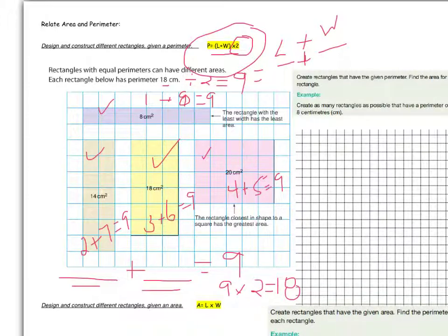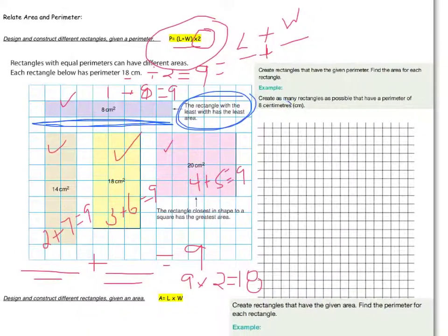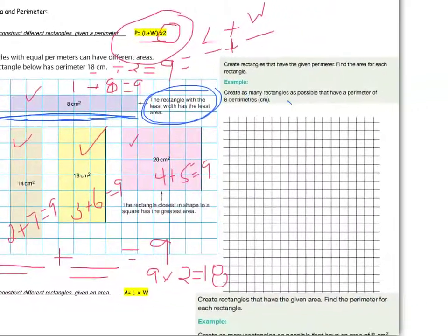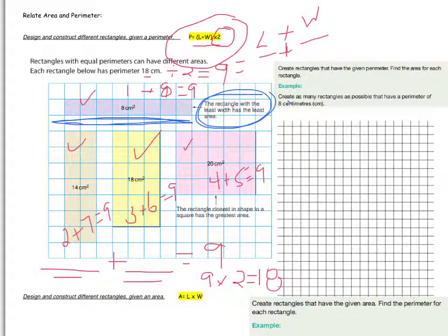Now, there's a generalization we can make here. The long, skinny rectangle is going to have the smallest area. The rectangle with the least width is going to have the smallest area. The rectangle that is closest to a square is going to have the greatest area.